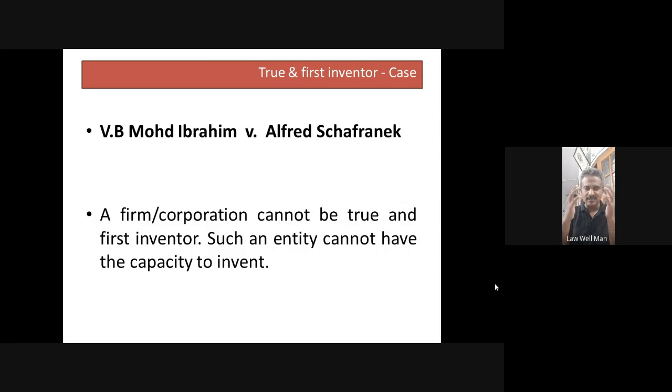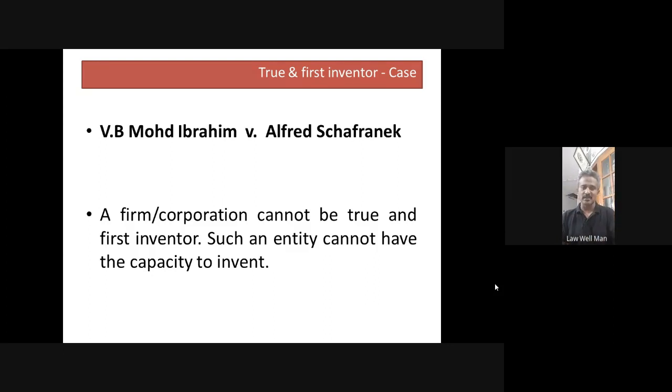The capacity to invent would mean inventive faculty or skill. That cannot be imputed. Patent law does not impute that to a legal person. A legal person may become an assignee, but an inventor as such cannot be a legal person like a company or firm.